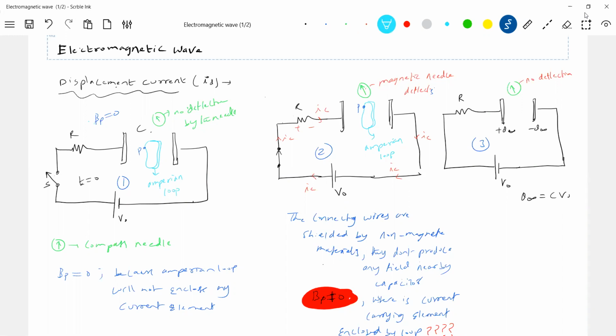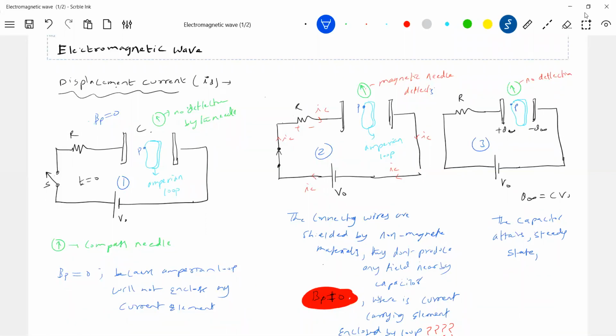Again the third part. Again, if I come and check it, in steady state the capacitor attains steady state.